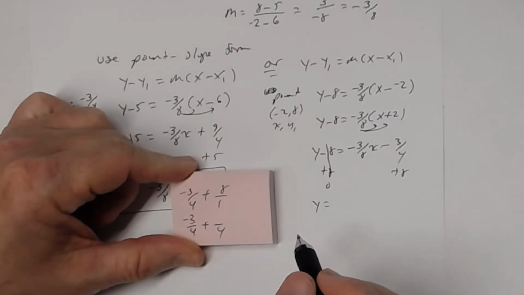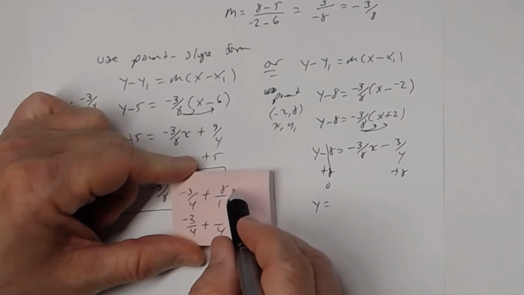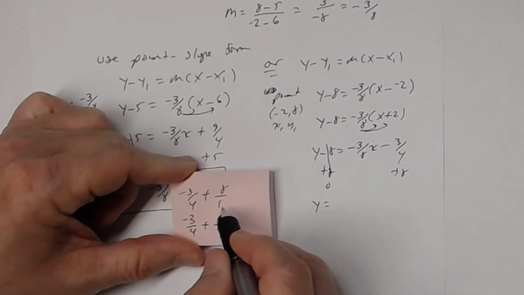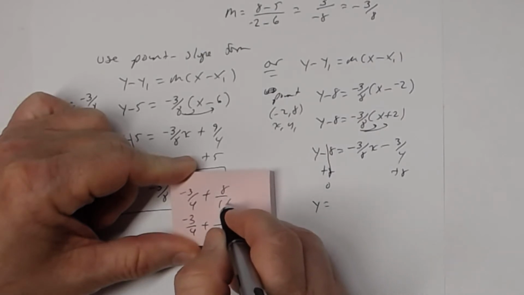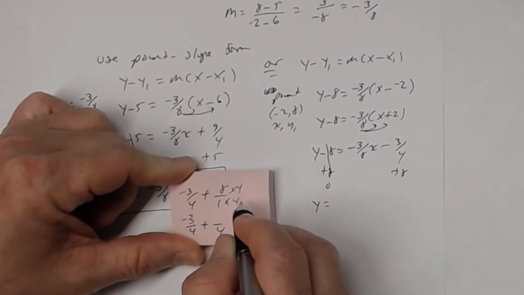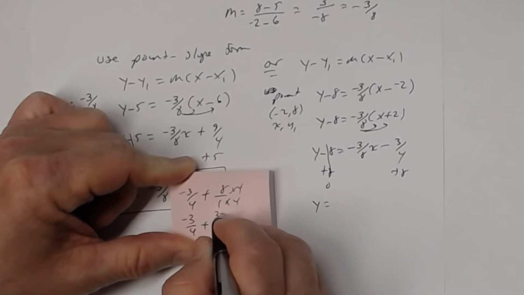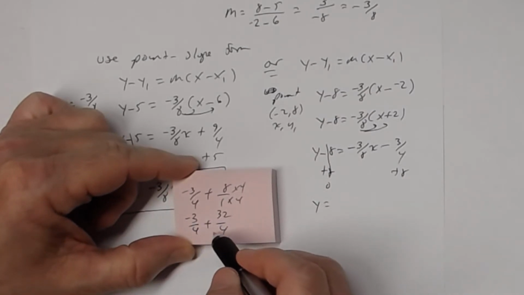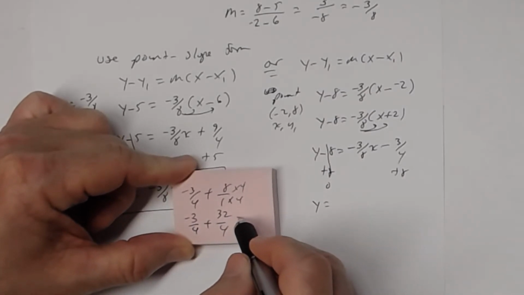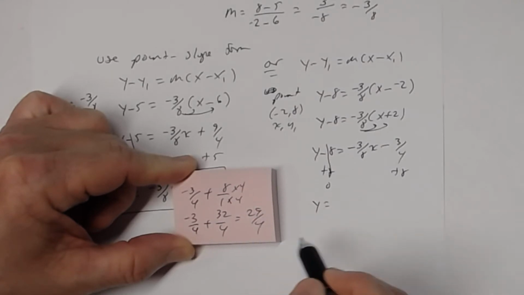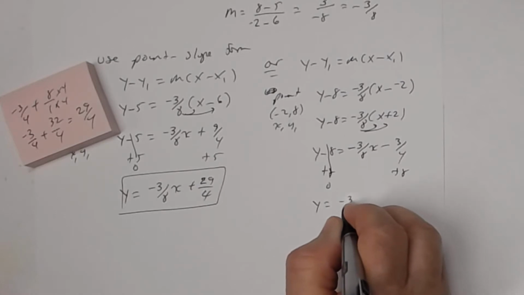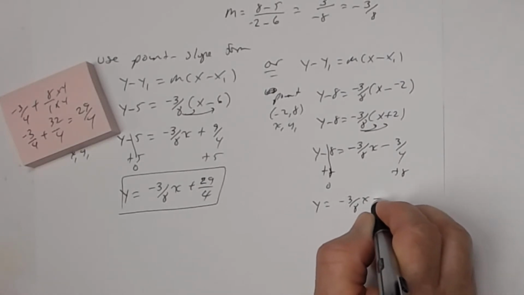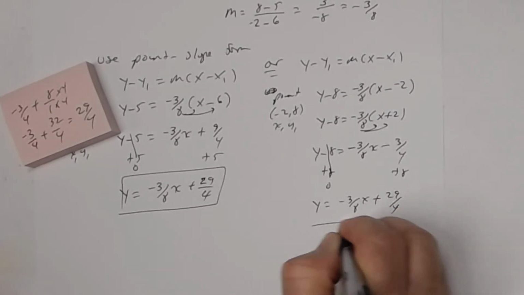For 8 divided by 1, 8 divided by 1 is equivalent to what fraction with 4 as the denominator? So I've got to multiply this by 4, multiply this by 4. 8 times 4 is 32. And so a negative 3/4 plus a positive 32/4 is a positive 29/4, which is what I had here. See that? So I get y equals negative 3/8 x plus 29/4.